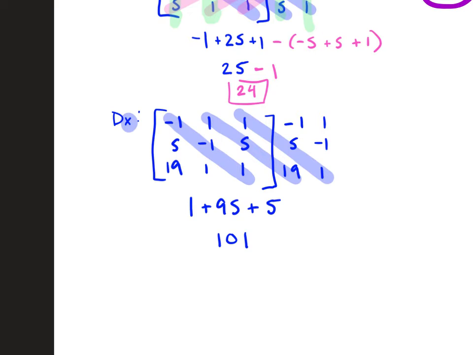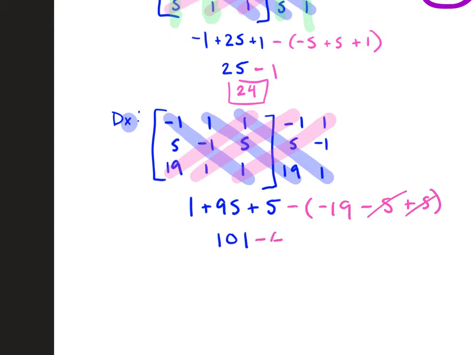Now we need to find the sum of the minors. So 19 times negative 1 times 1 is negative 19. 1 times 5 times negative 1 is negative 5. And 1 times 5 times 1 is positive 5. So negative 19 minus 5 plus 5 is just negative 19.